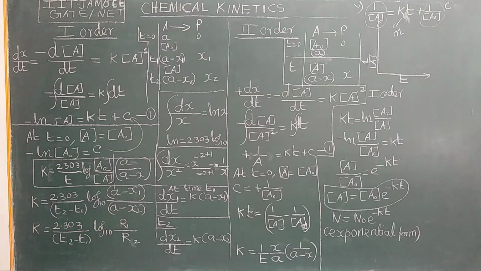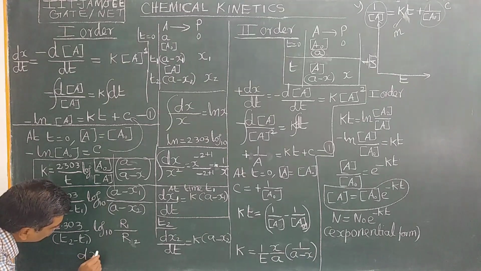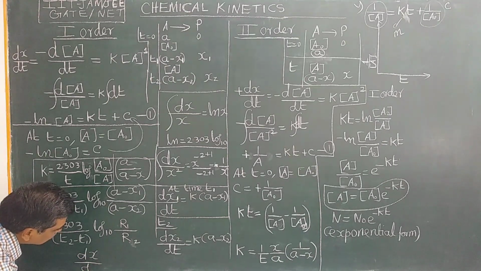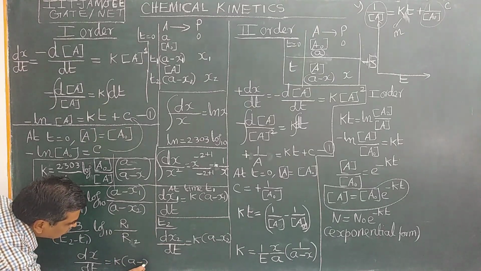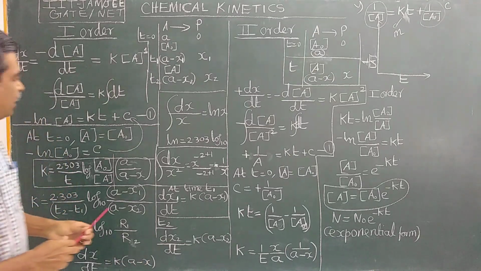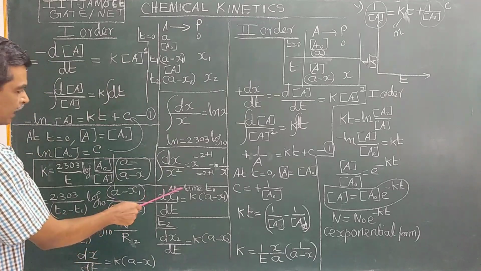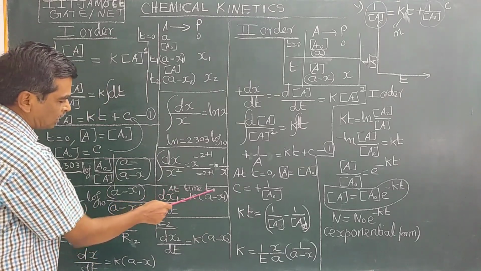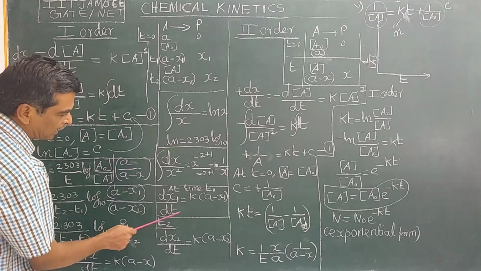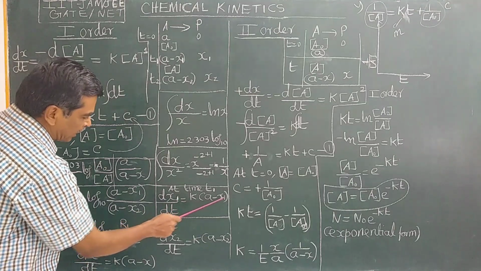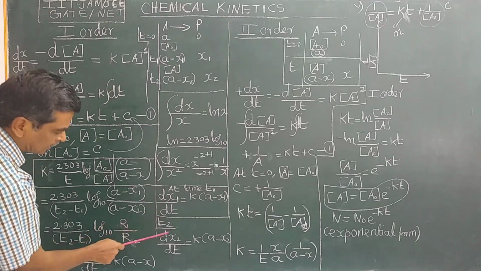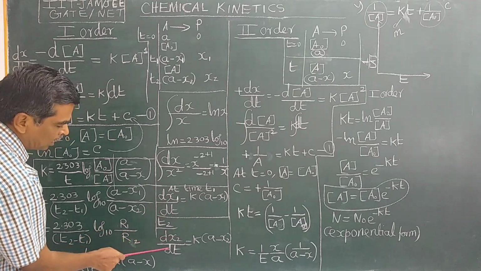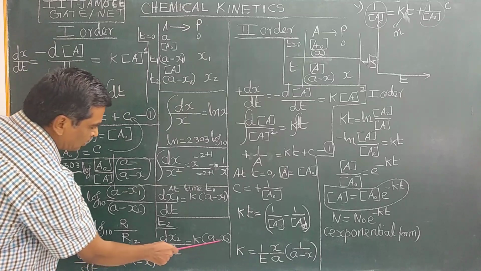The rate of the reaction is directly proportional to A minus X. At time T1, dx1 by dt equals K into A minus X1, and at time T2, the rate equals dx2 by dt equal to K into A minus X2.